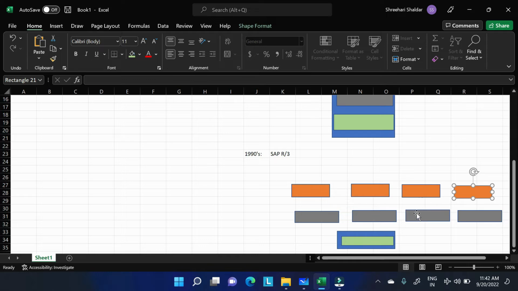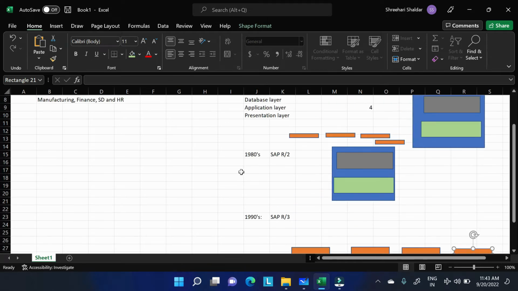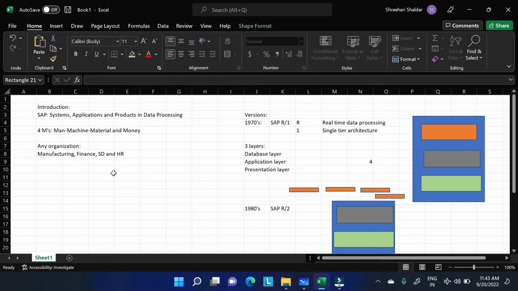Through this we can connect SAP to n number of end users. We can install multiple servers so that we can run SAP over here. So this is the three-tier architecture model that supports n number of end users. That is how they came up with the three different versions of SAP.